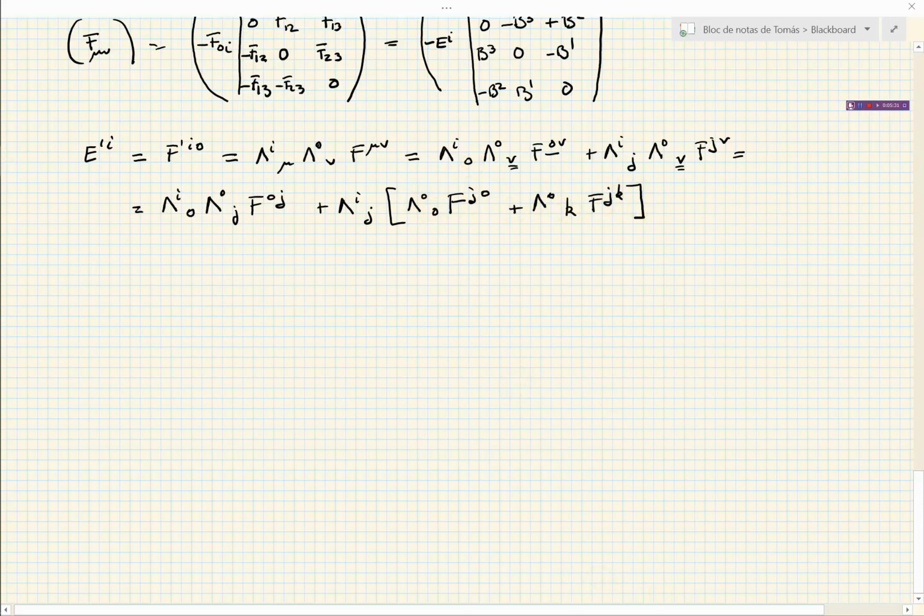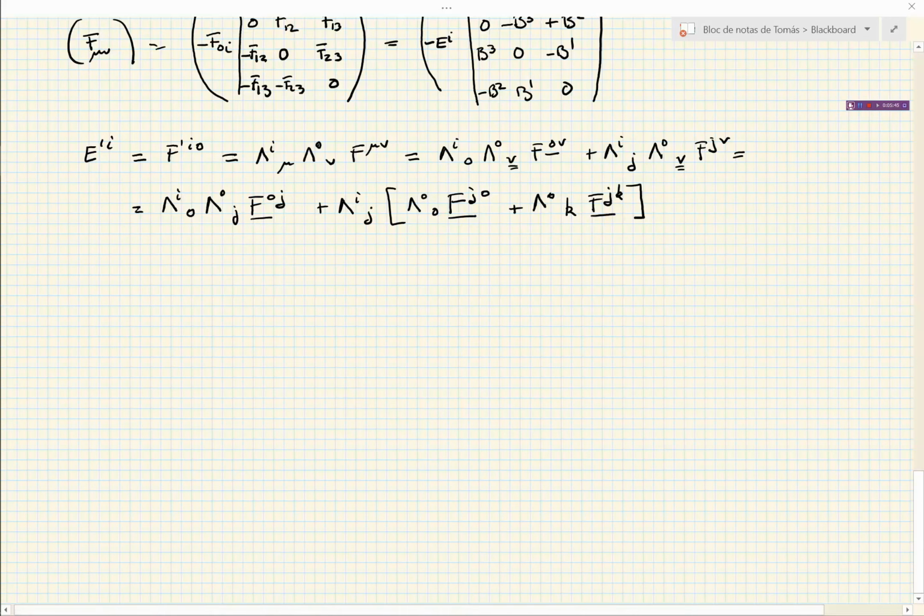Okay, once we have decomposed all these terms, now we identify these components again with electric and magnetic fields, because this is what we wanted, to find the Lorentz transformations for the electric and magnetic field.